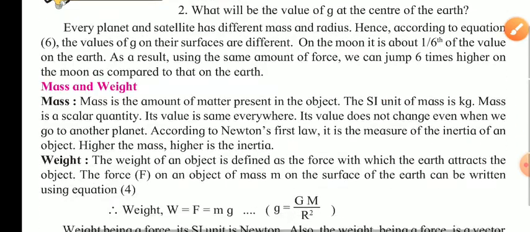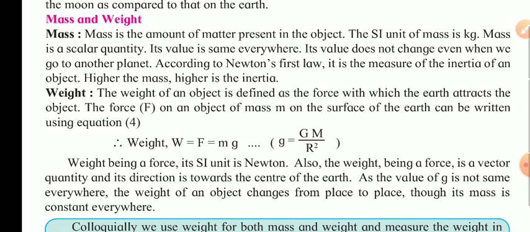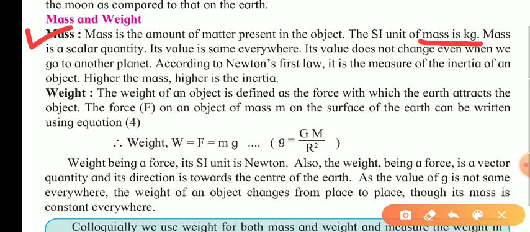The next part we have to study is mass and weight. Mass is the amount of matter present in the object, and the SI unit of mass is kg, and it is a scalar quantity. Mass doesn't have any direction, it has only magnitude, and that's why it is a scalar quantity.